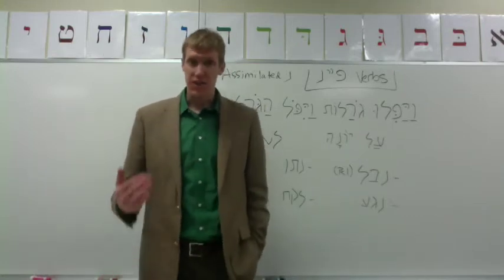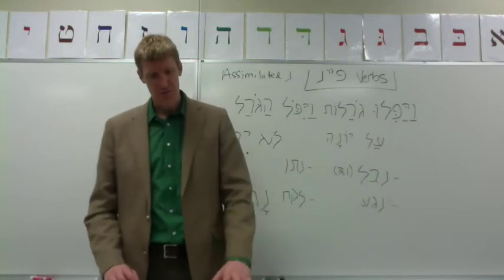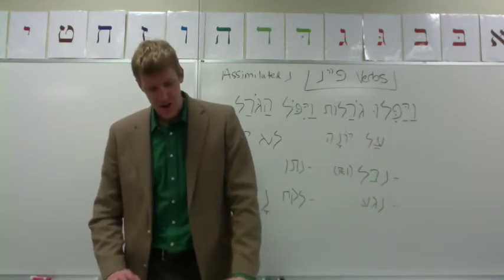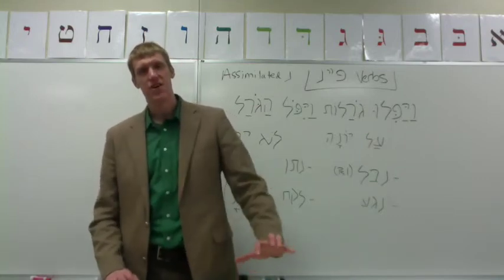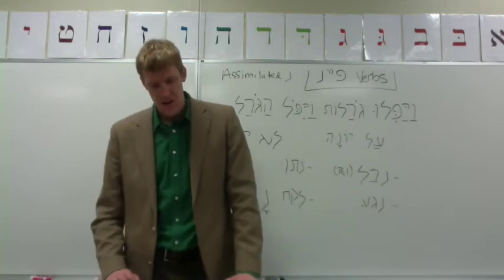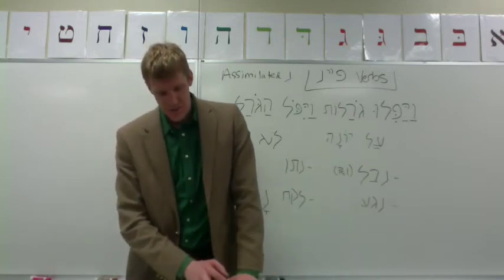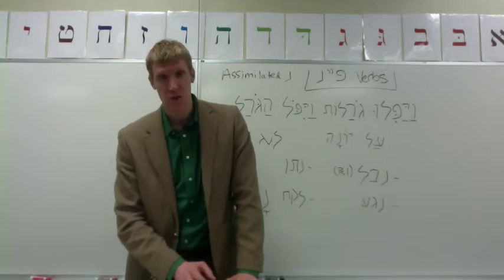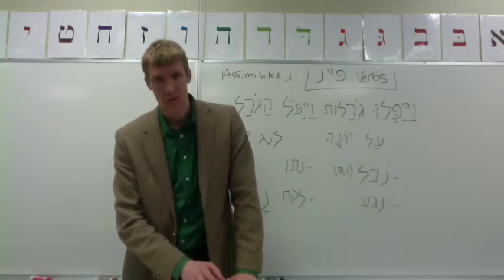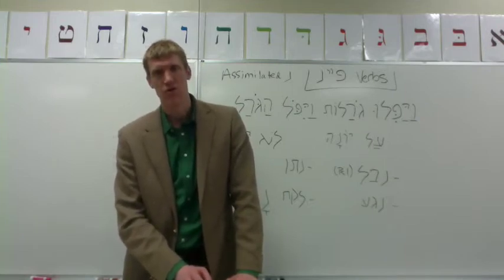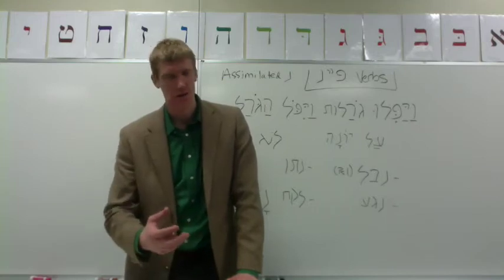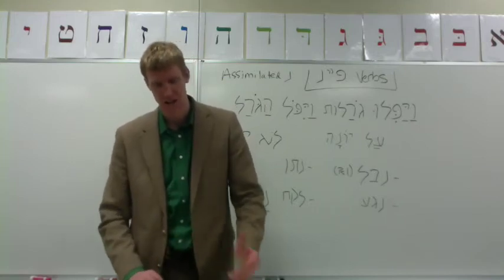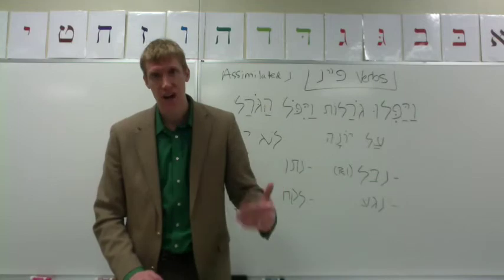In the infinitive construct, you'll notice that there is a tav attached on the end in the first three forms in the qal. In the qal, for all three Pe-nun forms, you have this tav attached on the end. Gesheth, tet, kachat.